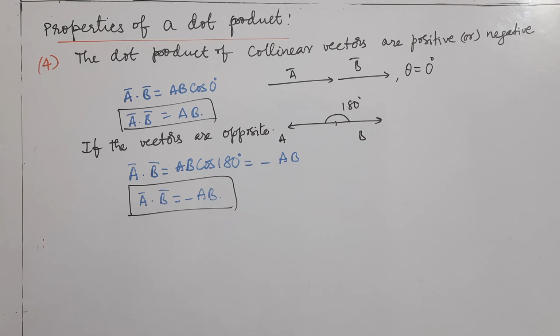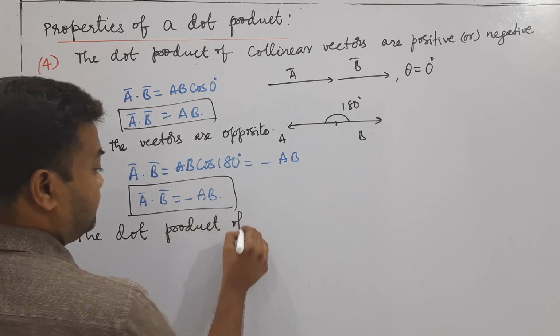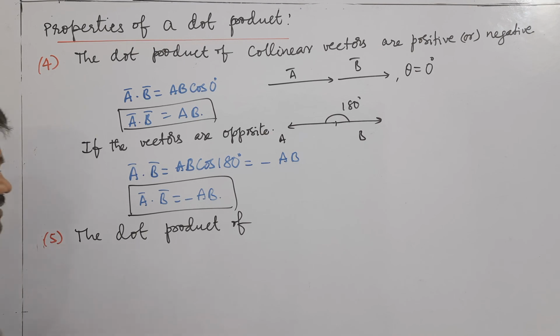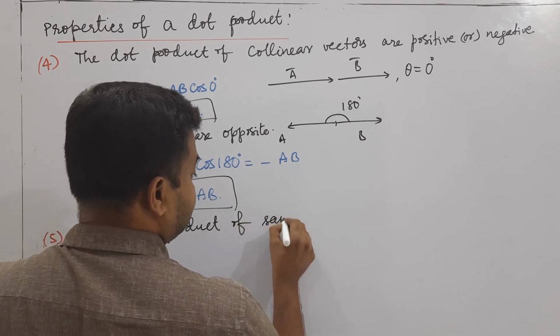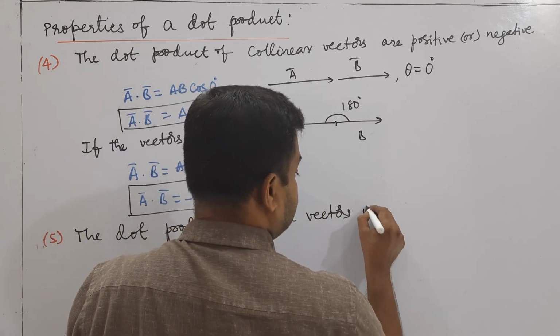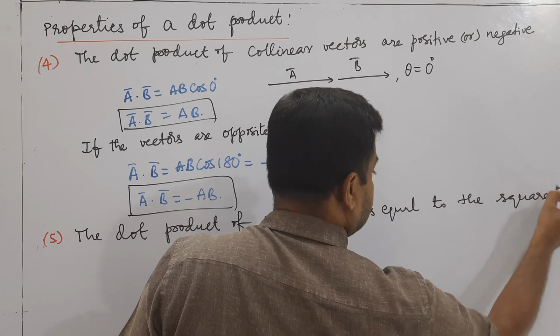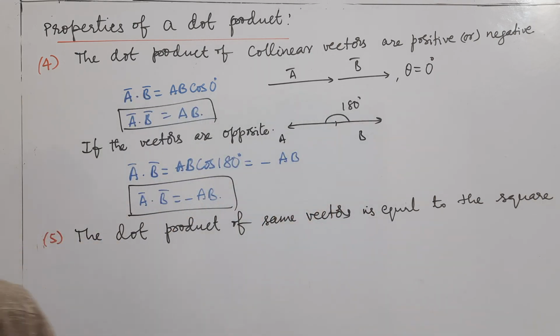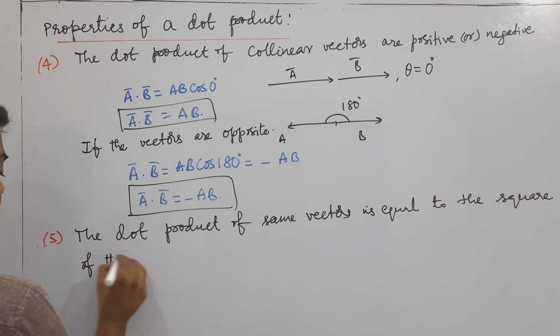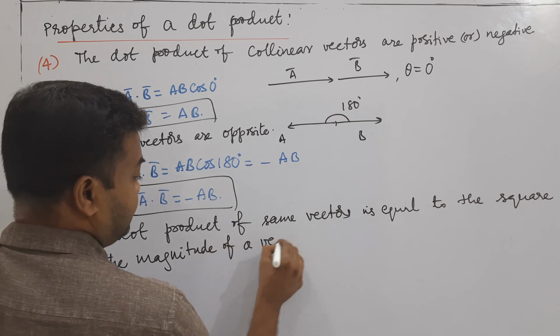One more property is there. The dot product of same vectors is equal to the square of the magnitude of the vector.